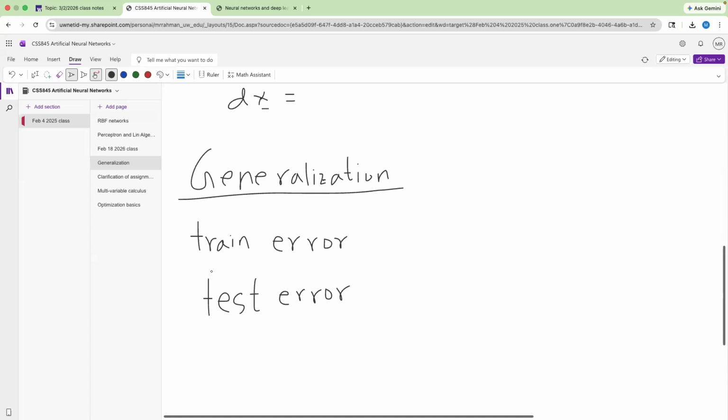Can anyone tell me the definition of training error? So the number of iterations that you go through, right? You would plot your loss compared to the number of iterations.